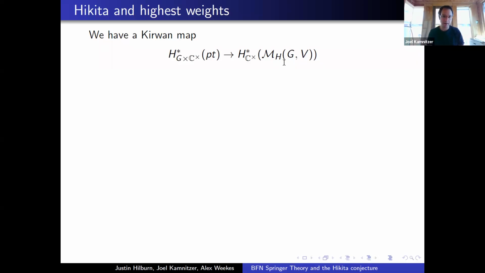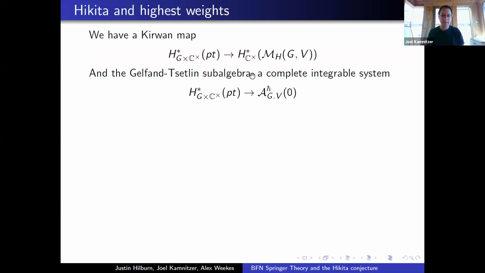On the other hand, there's a similar sort of structure on the Coulomb branch side. So here's my Coulomb branch algebra, and it comes with what's called the Gelfand-Tsetlin subalgebra. It contains a copy of the equivariant cohomology of a point in a very natural way, just because this algebra was defined as the equivariant homology of some space, and we just include this, acting on some point in there.